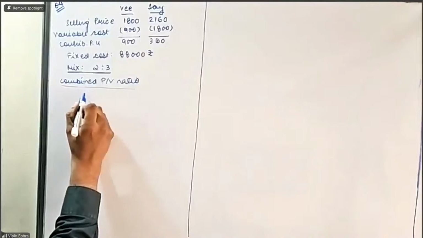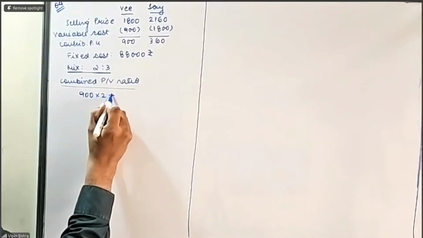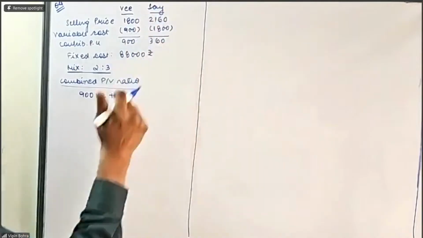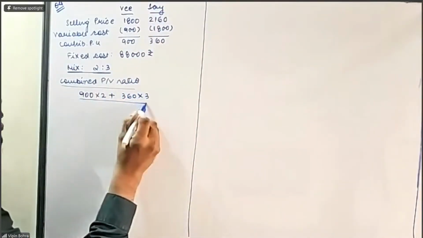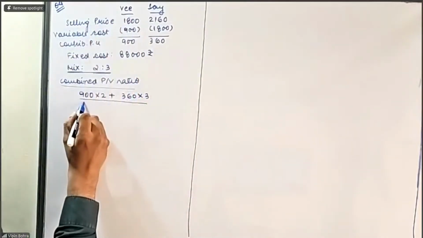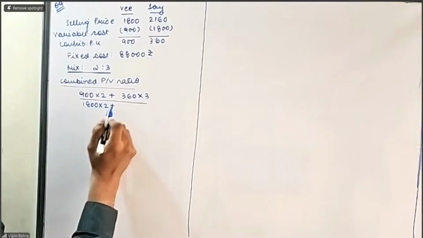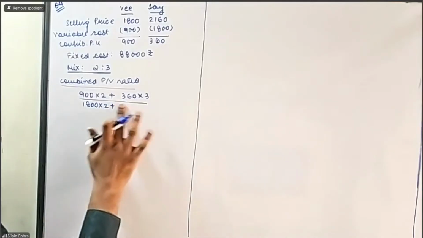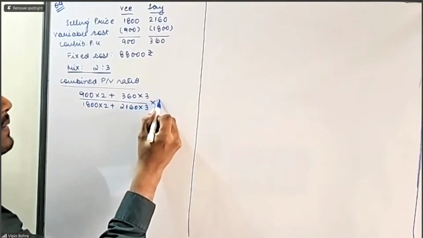The contribution is 900, the ratio is 2, plus for J it is 360 into 3, whole divided by sales, contribution divided by sales only. So 1800 into 2 plus 2160 into 3, multiplied by 100.